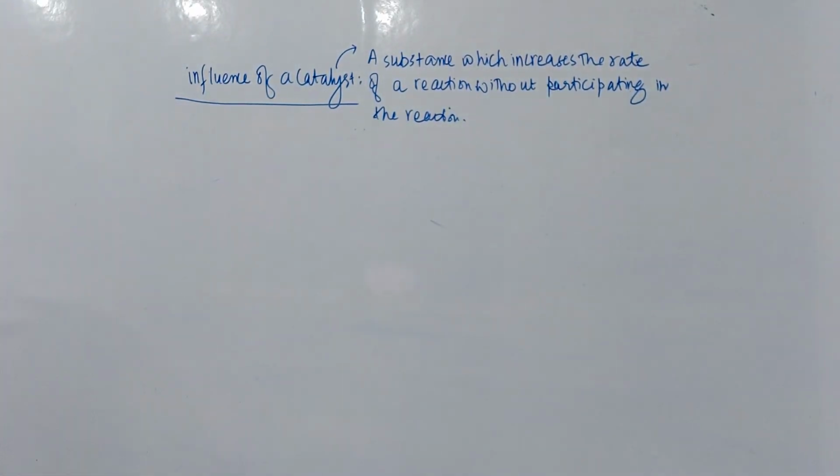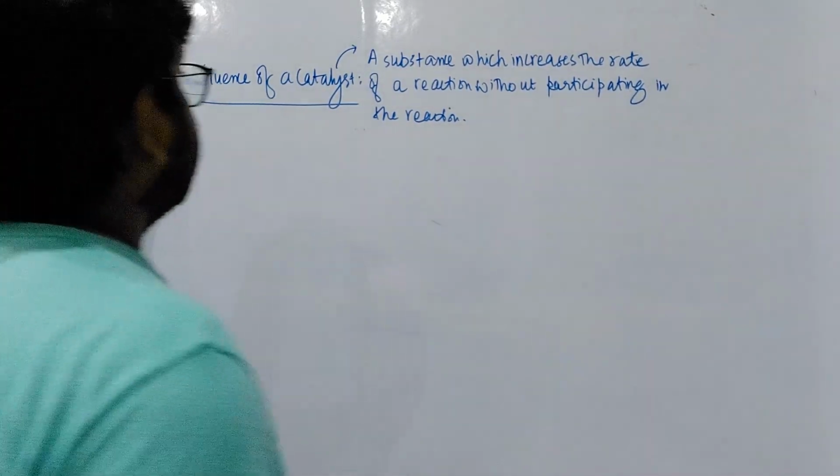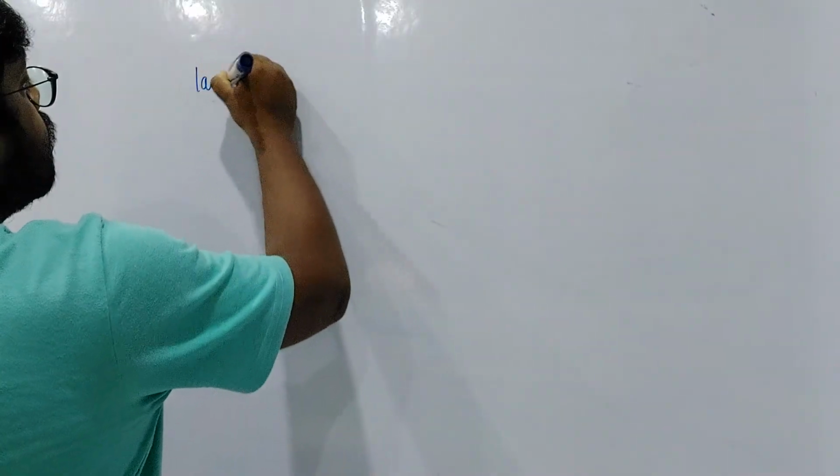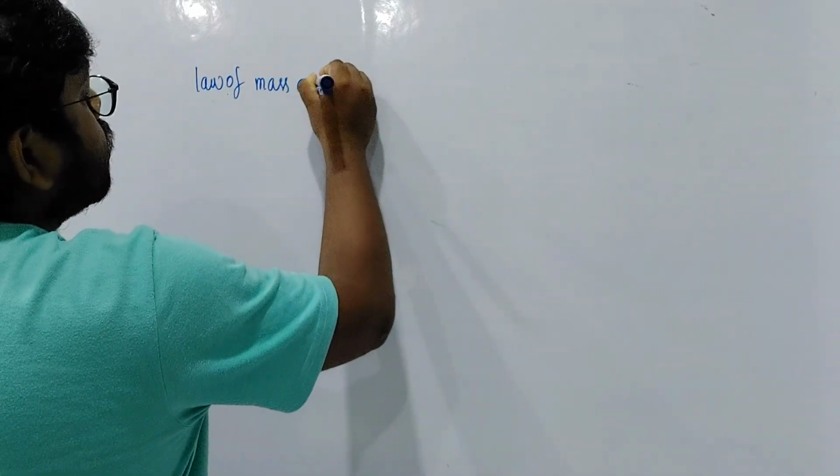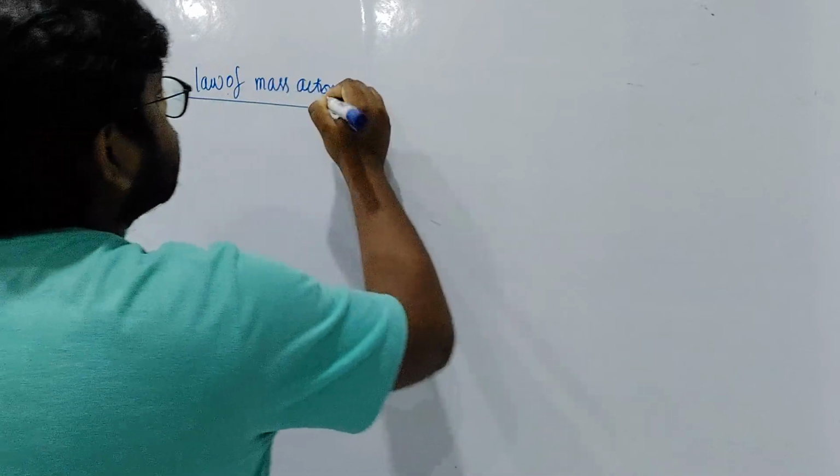Alright, so the next thing that we have to learn is the law of mass action, or you can also call it the mass action principle. Okay, what does this mean?